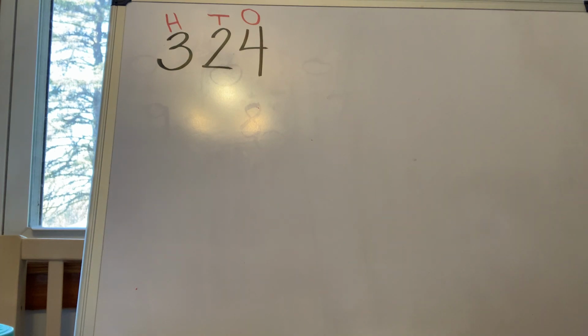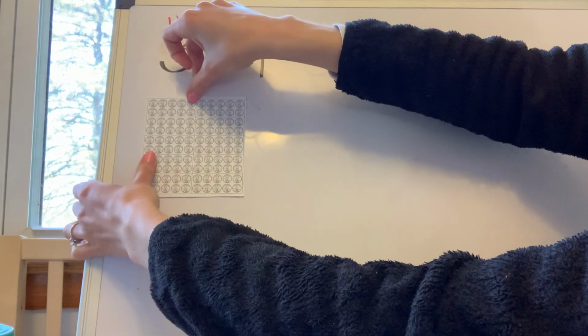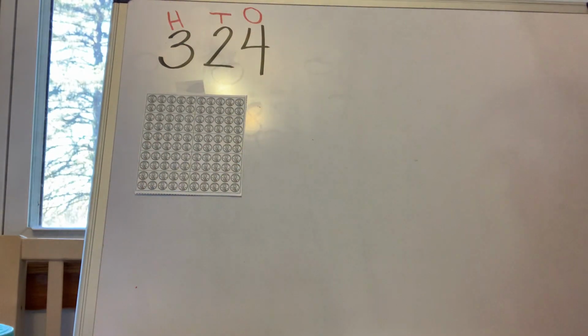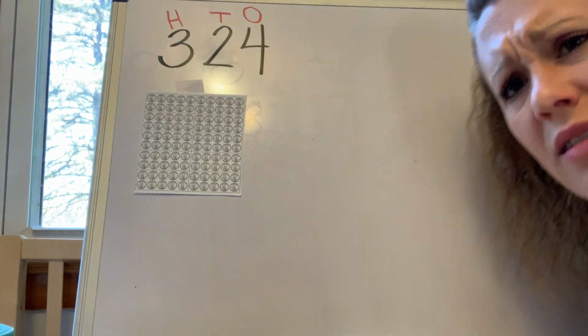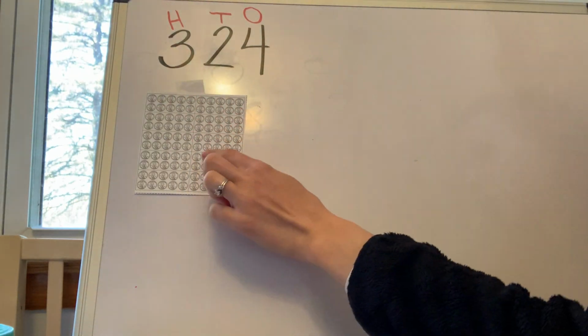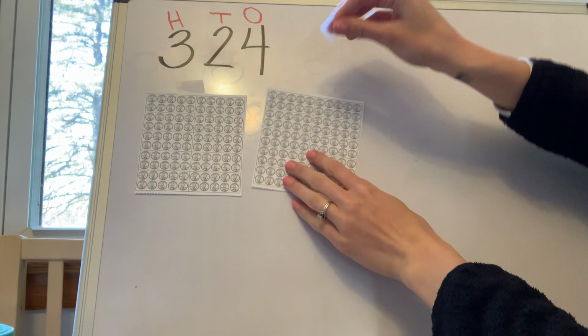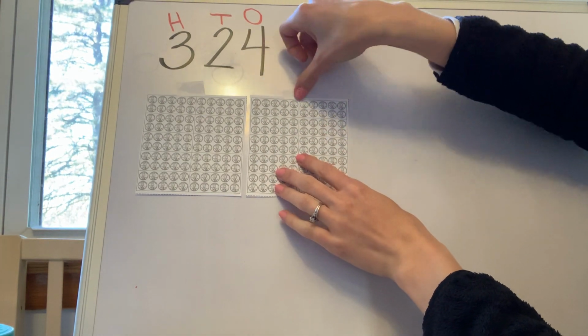So it says I need 300. We counted, and on each one there's 100 pennies. So that's 100. Can I stop right there? How many does it say I need? 3. So I need to put more because I only have 1. So that is 100. If I put up another one, this would be 200.